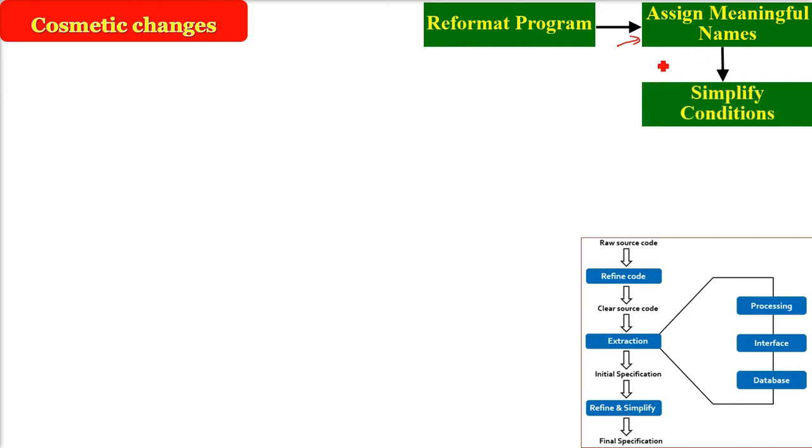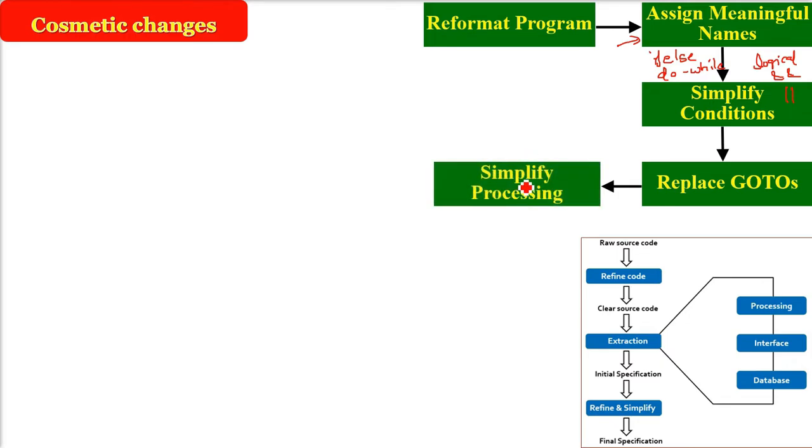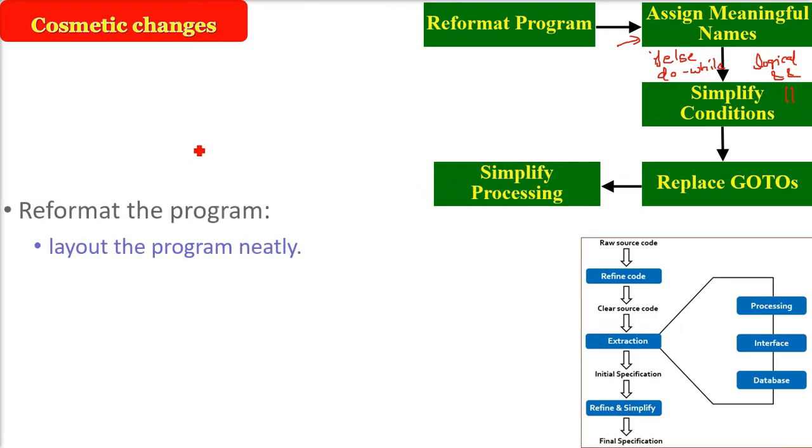And then there are certain logical conditions: if else, do whiles, and logical and, or, and not, and all these are used. You need to simplify these conditions, and if at all there is a go to, just replace this go to. That is, you are just trying to do the cosmetic changes for the program to look beautiful.